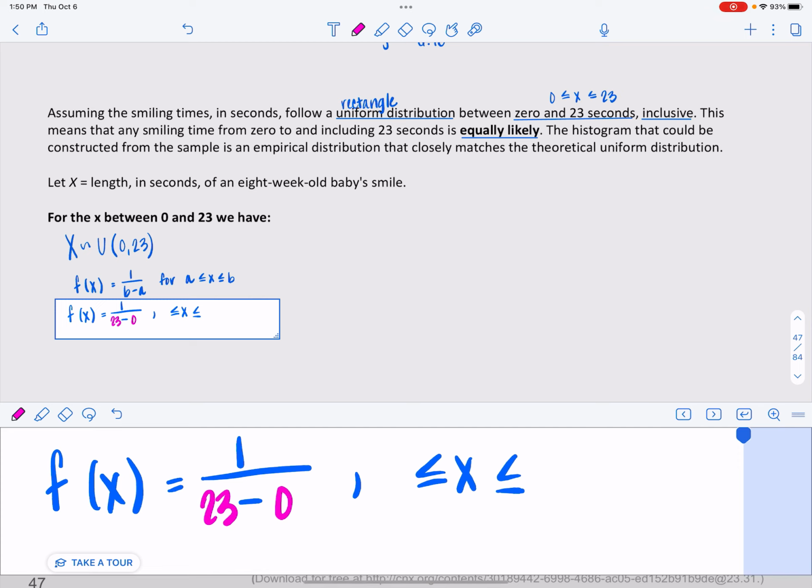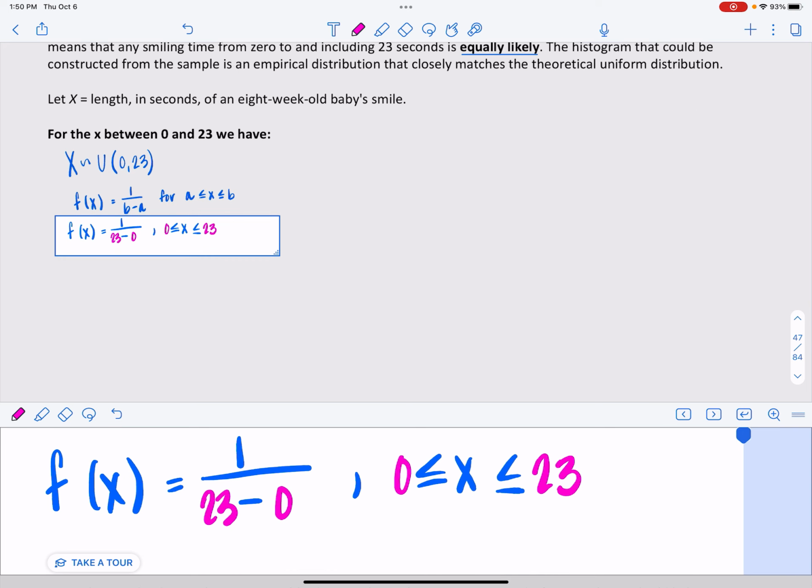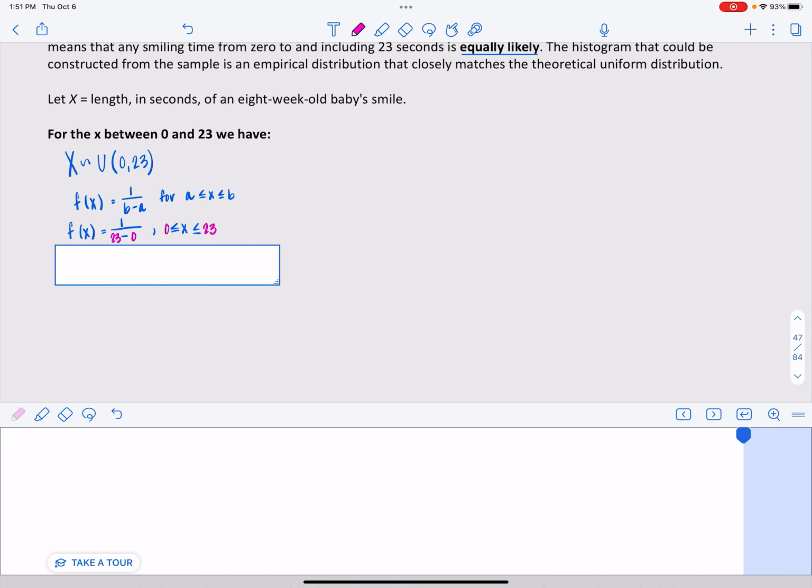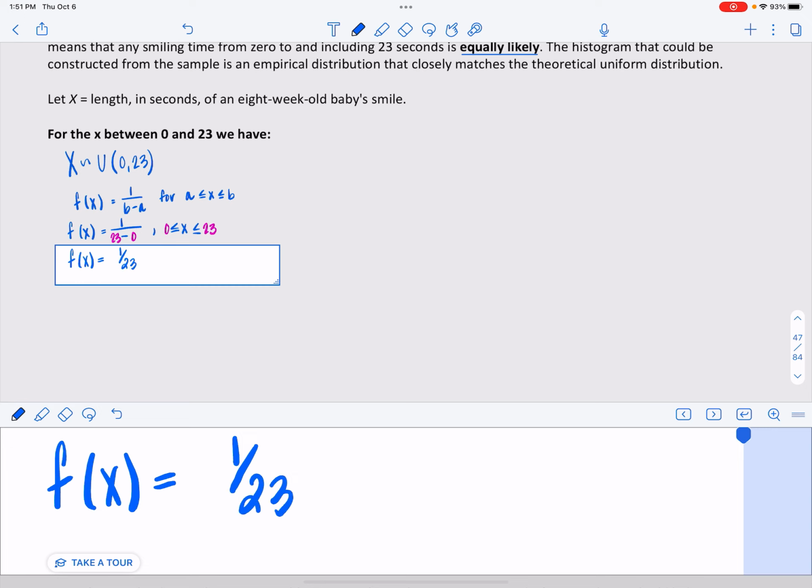My a is 0. So that means f of x is 1 over 23. So I have a horizontal line at y equals 1 over 23 for 0 less than or equal to x less than or equal to 23.